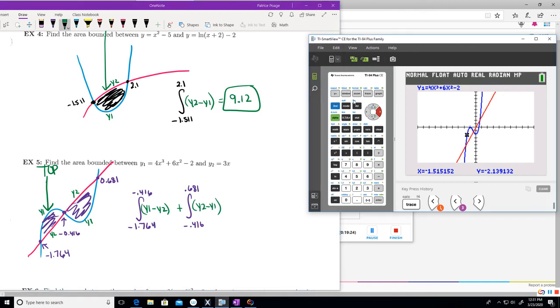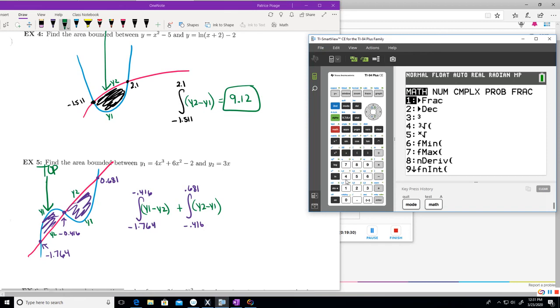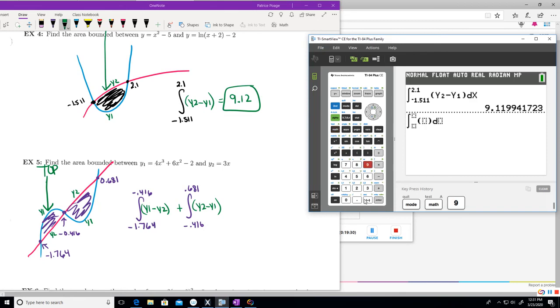All right. So I'll show you something different this time. You could type these all in one line. So I'm going to go math, number 9. Negative, this only works when you have 2 curves. This doesn't work when you're doing the absolute value of 1 curve. So negative 1.764 and negative 0.416.